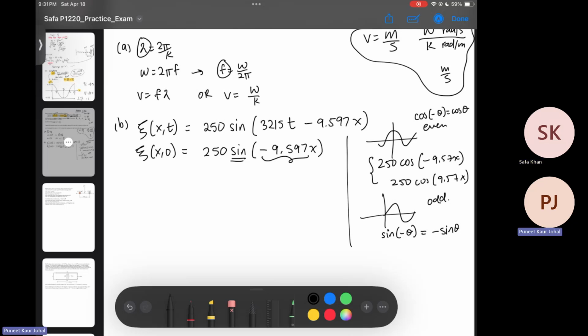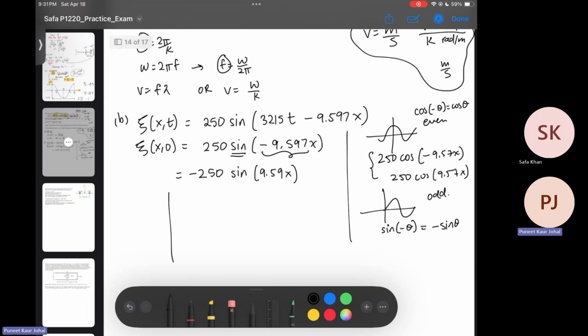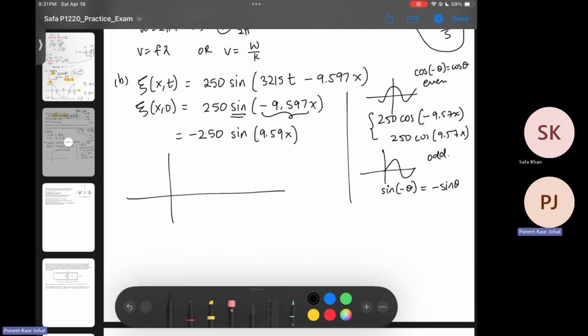So to make it simpler, you can move the negative outside because sine is an odd function. This negative means your graph is going to be reflected like this. That's all this means. The maximum is still 250 and negative 250 because that's determined by the A value.